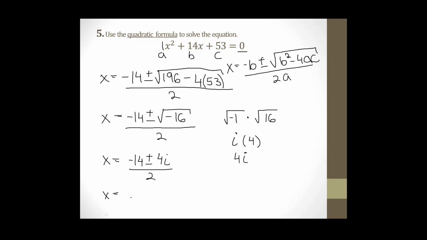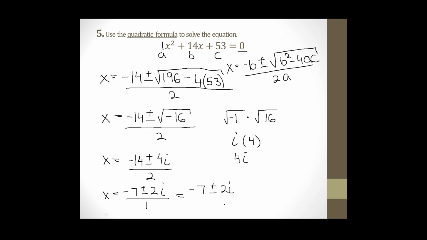If you check out this problem, you should notice that you're not quite done, because if you look at 14, 4, and 2, they all share a common factor of 2. You have to reduce everything by 2. 14 divided by 2 is just 7, plus or minus 4 divided by 2 is 2i, and 2 divided by 2 is just 1. So actually I don't really need the 1.